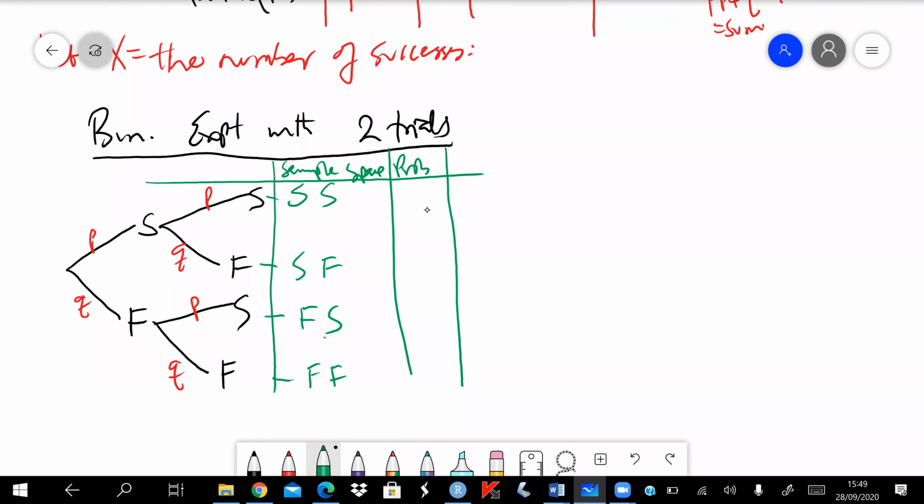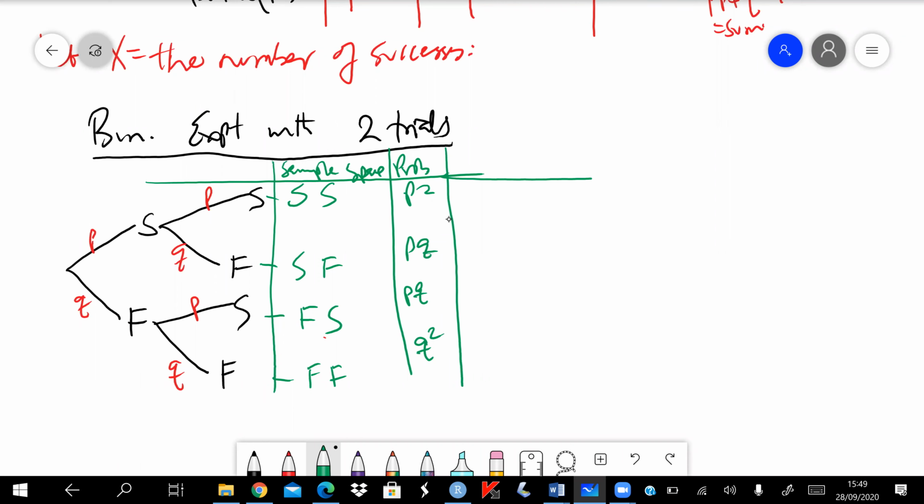So the first trial is independent of the second trial. So the probability of getting S followed by an S is P times P, which is P squared. The probability of getting S followed by F will be PQ. Using the same logic, we have QP. I'm going to call it PQ again. And the probability of getting F followed by F is Q times Q, which is Q squared.